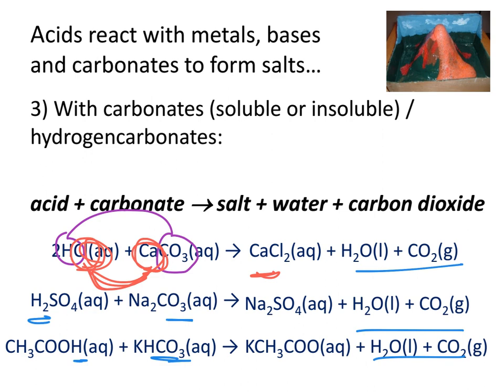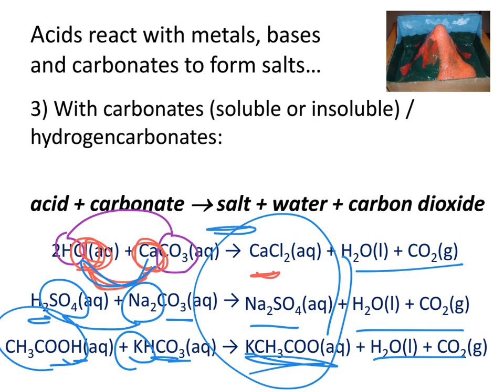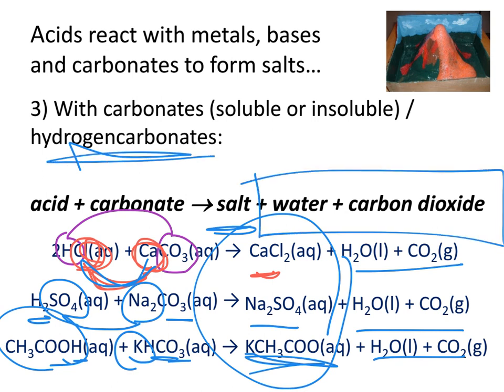And then your other substance will come from that inside pairing, the sodium and the sulfate, forming Na2SO4, or the potassium and the acetate, forming potassium acetate. So you form the salt still, but then that bicarbonate, or what IB likes to call hydrogen carbonates, will break down into water and carbon dioxide. So that's kind of new too. Bicarbonate breaks into water and carbon dioxide.